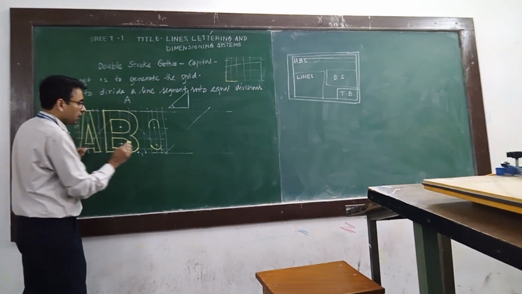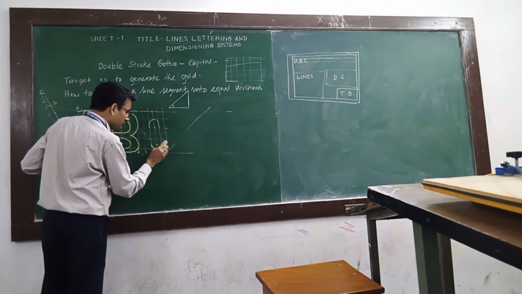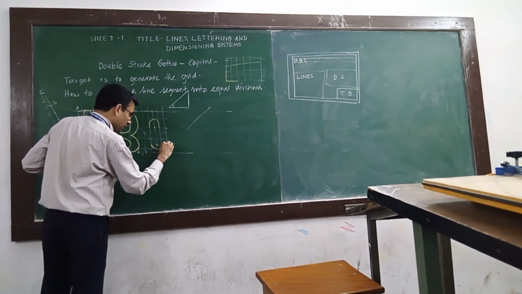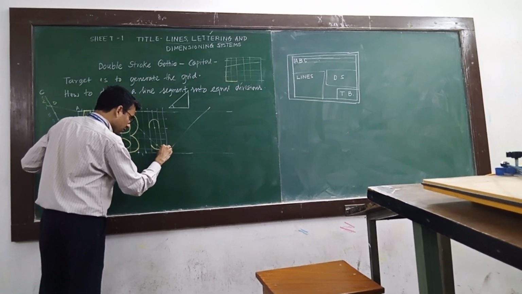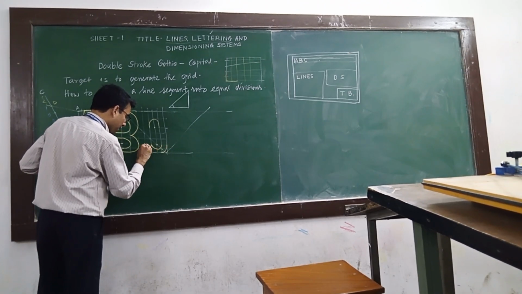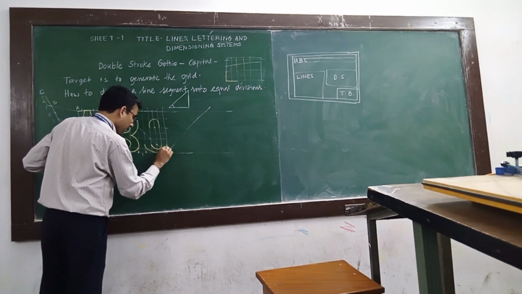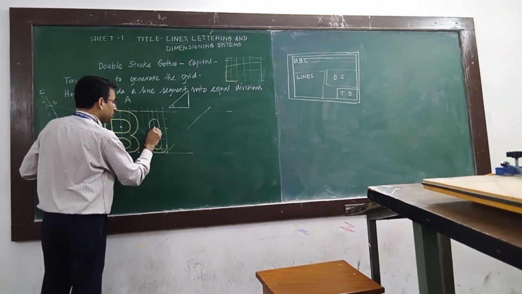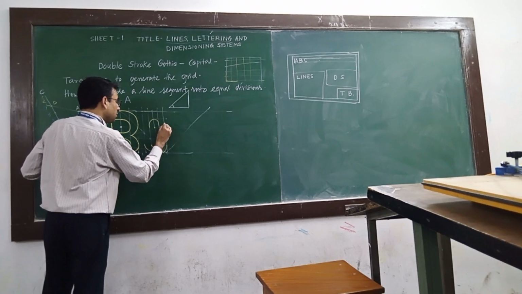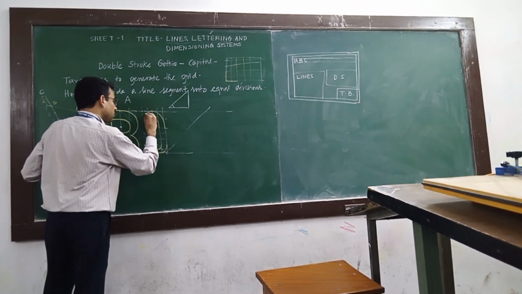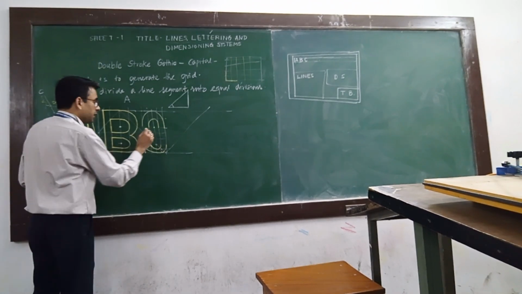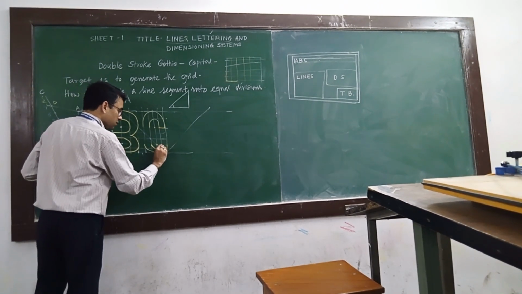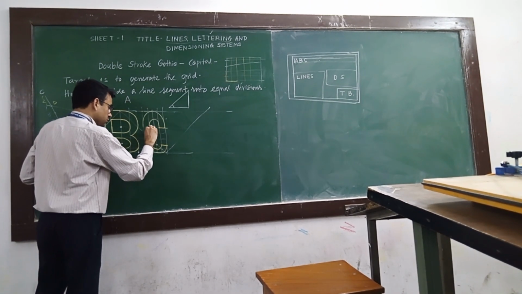Clear? And from this point, a semicircle of 2 units. So here. From this point, a semicircle of 2 unit radius. So this much. Clear? Next, join this, join this, join this.